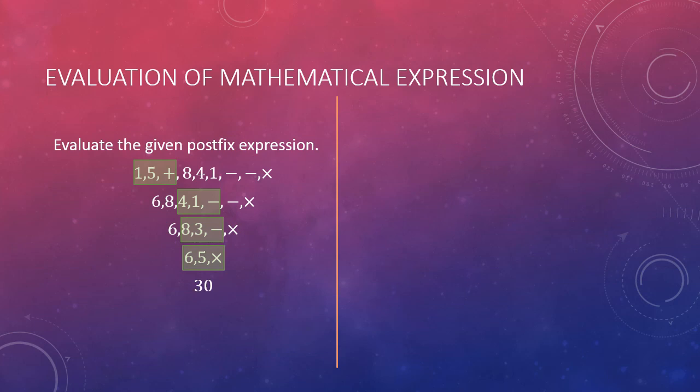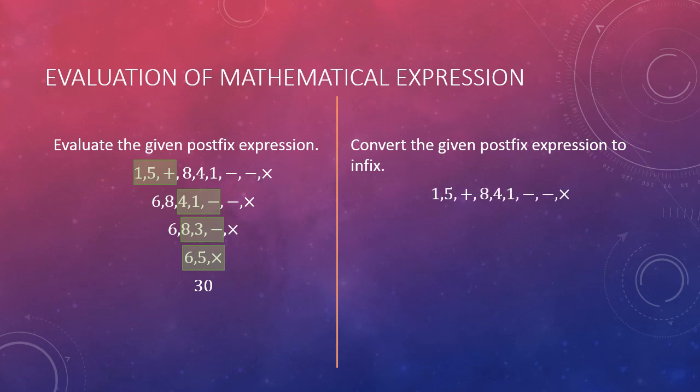How do I know that the evaluated value is correct? Let's check. Convert the given postfix expression to infix. This was the postfix expression. We take 1 5 plus and write 1 plus 5 in bracket. Now we find the desired pattern in 4 1 minus.